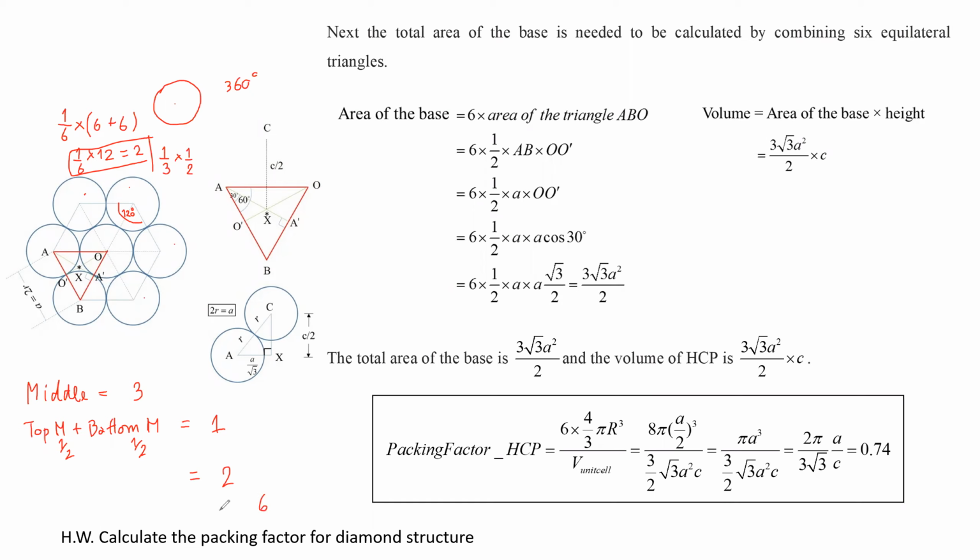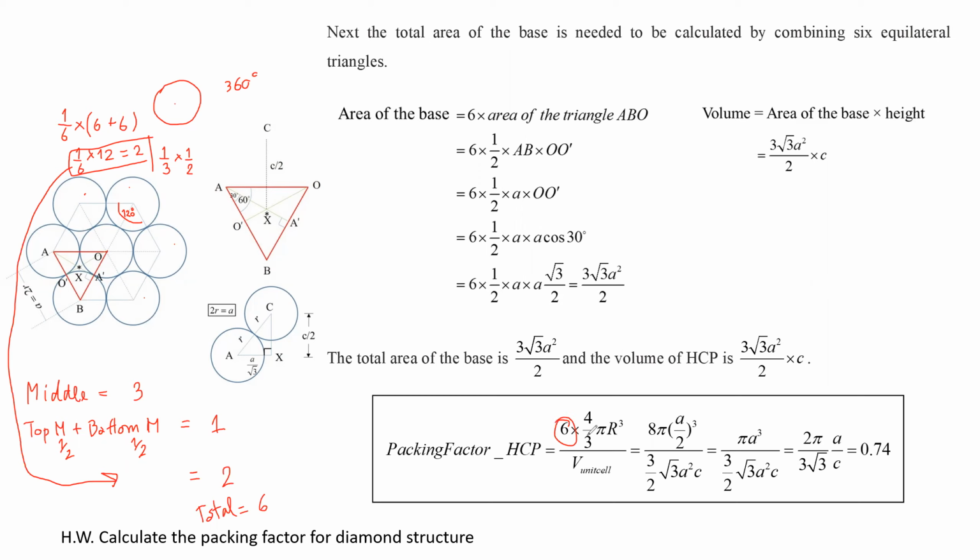Total is 6. So another 2 is from this, okay? So this will be 6 here, okay?